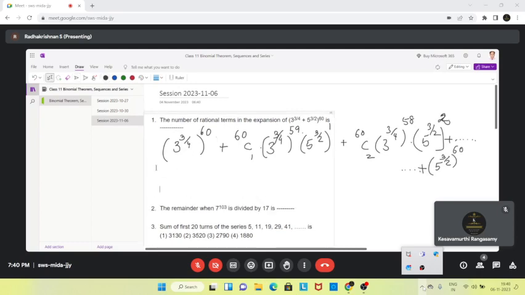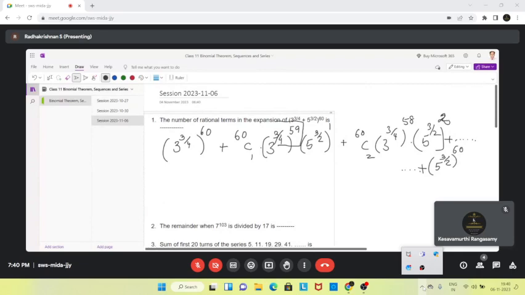So the term will be rational when both the exponents are integers. Like in this case, 3 to the power of 3 by 4 into 59 and 5 to the power of 3 by 2 into 1. This is not an integer, right? 3 by 4 into 59. Similarly, 3 by 2 into 1 is also not an integer.